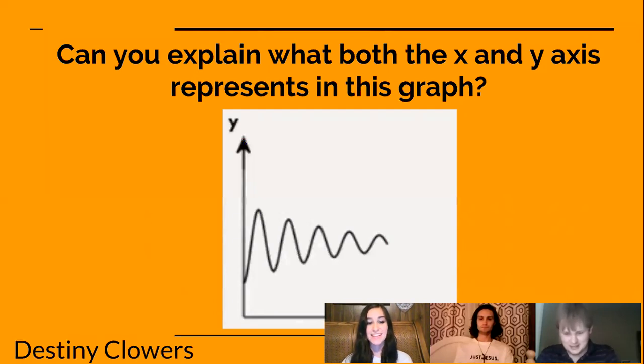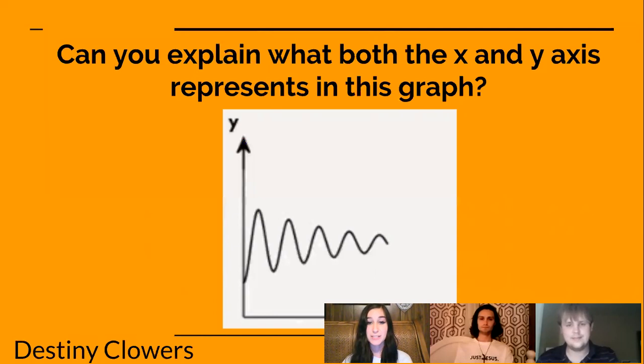Sure. The x and y axis will be easier to imagine if you imagine this graph being the path that a bouncy ball takes while dropping off of a table. You can see in this graph that as x is increasing, y is slowly decreasing. You can know this by just looking at the first arch. That represents the first time that the ball hit the ground and bounced back into the air.